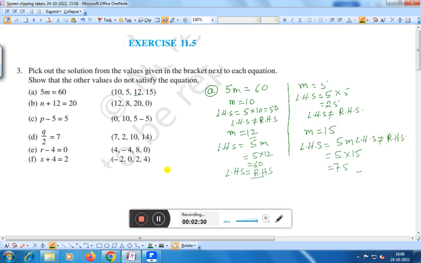Therefore we can say that 12 is the solution of the equation. That is 12 is the solution in question A. So we can write, therefore, m is equal to 12 is the solution of the equation.